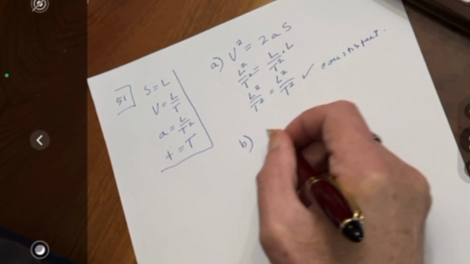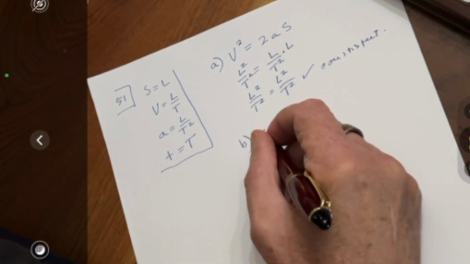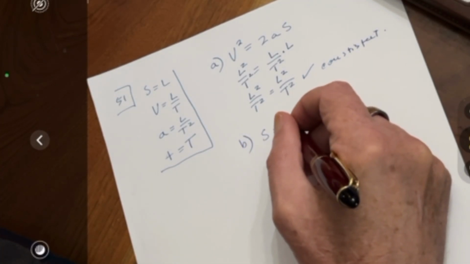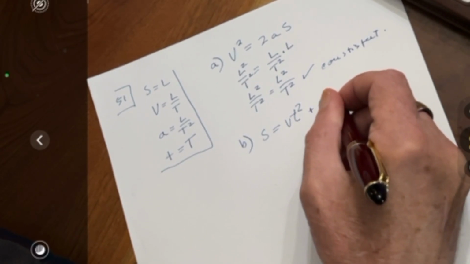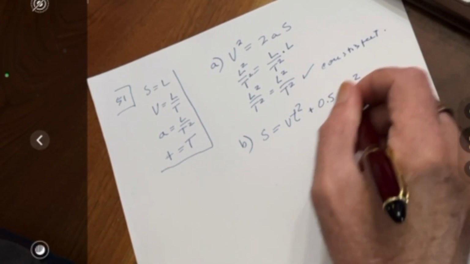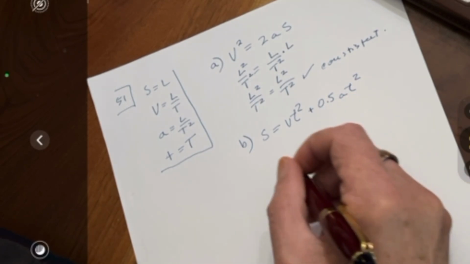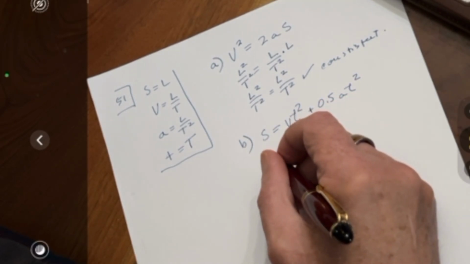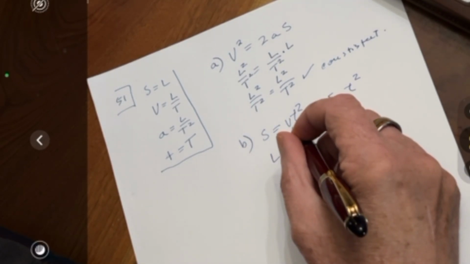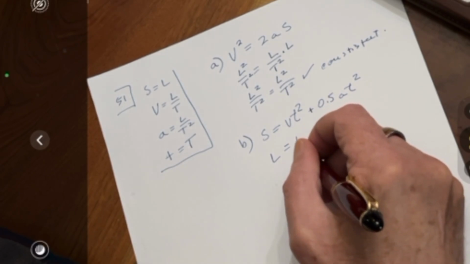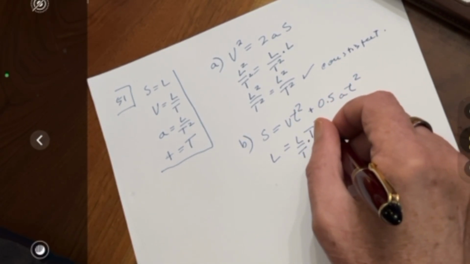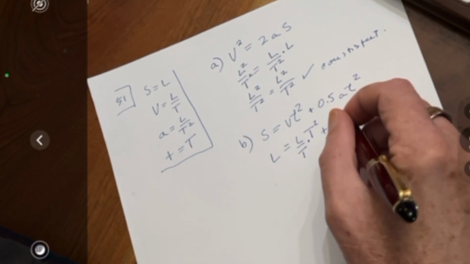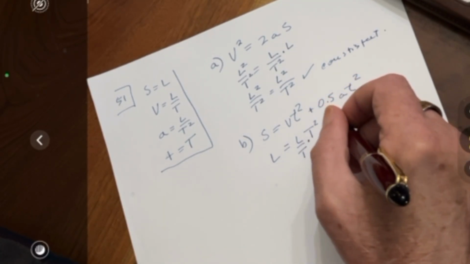Let's look at B. Now the equation for B is s equals vt squared plus 0.5at squared. What's s? s is L. What's v? v is L over t. t squared is t squared. Plus, we don't need to worry about the 0.5.